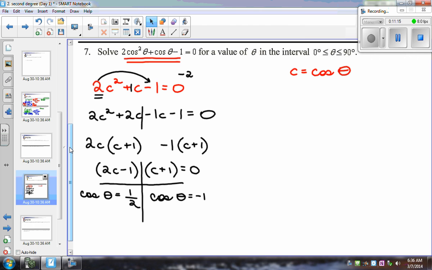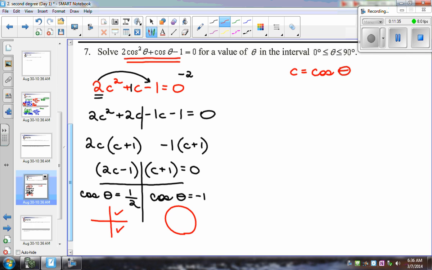And at this point, guys, your calculator skills are going to take over. And from here, to put all your final answers together, you're just going to make sure that you do your quadrant work. For this left side answer, we're going to be in quadrants 1 and 4. And for this guy here on the right side, this is our unit circle exception to the rule.